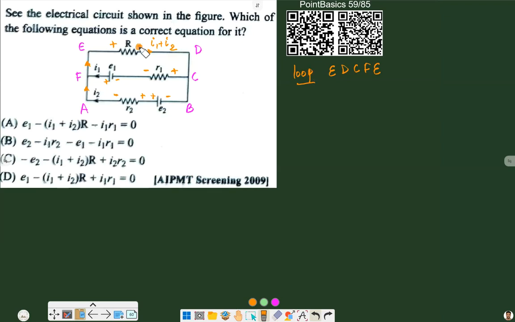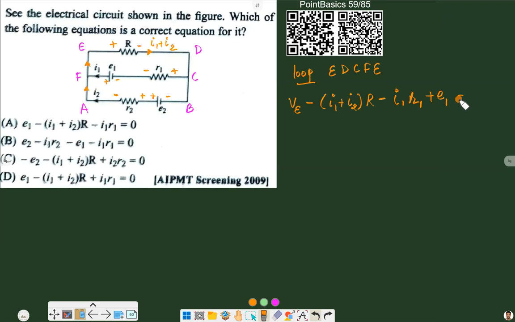Now for the upper loop, write the equation. Starting from point E, VE, positive, negative, so negative of (I1 plus I2) times R. Then we move to this R1, positive to negative, so negative of the current through it, I1, times R1, then negative to positive, plus E1, equal to VE.